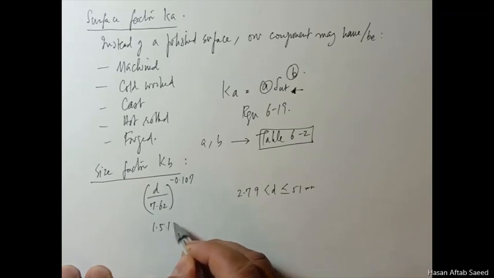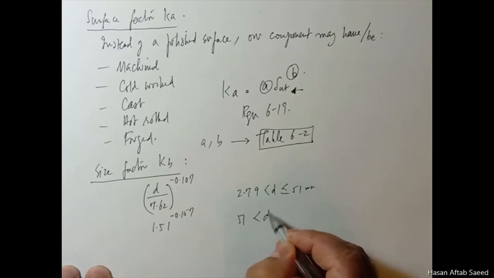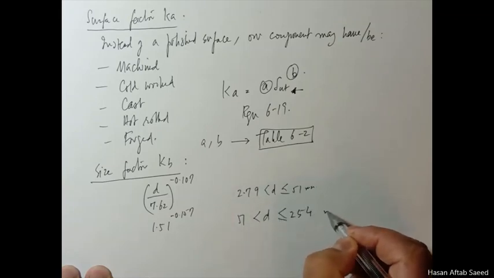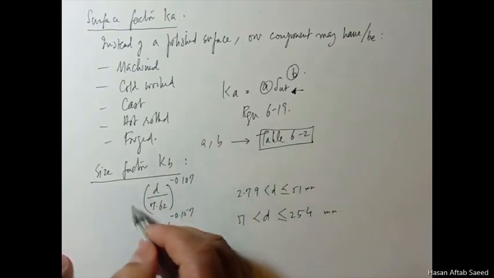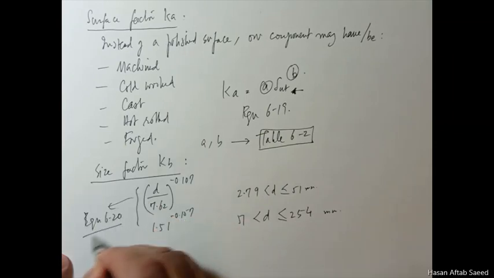And for other sizes, now if we see this, this is equation 6-20 of your textbook.